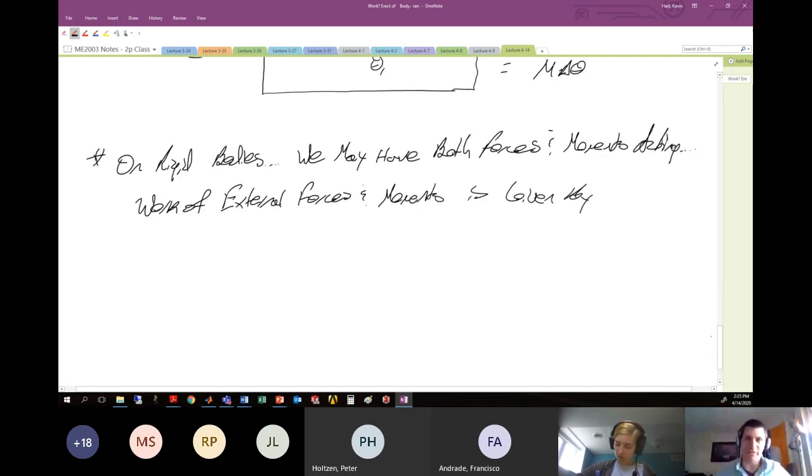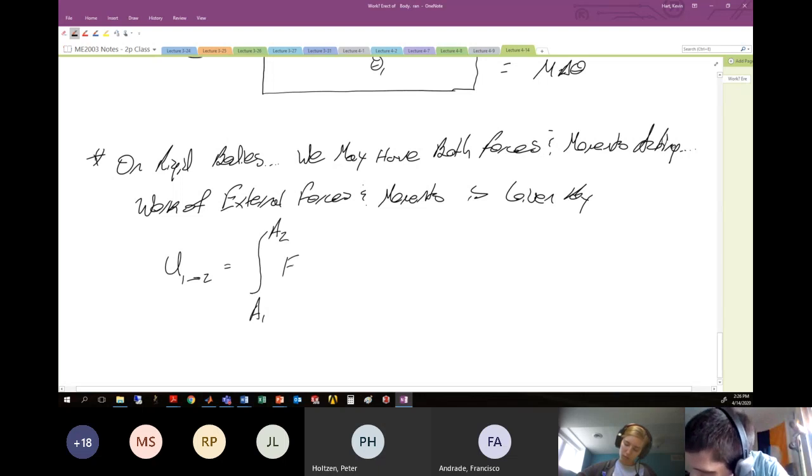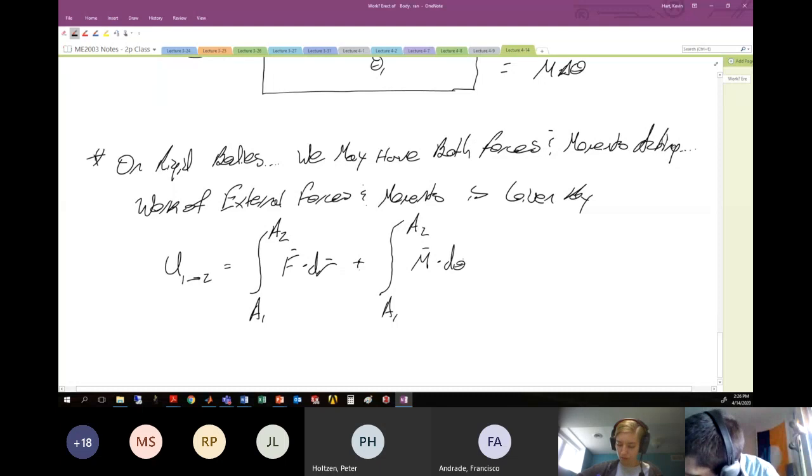We can have external forces moving our rigid body from location 1 to location 2, and we can have external moments that rotate our body from angular position 1 to angular position 2. So the work of external forces and moments from 1 to 2 is, in 3 dimensions, the integral from position A1 to A2 of the forces dotted into the position, plus the integral from position A1 to position A2 of the moments dotted into the angular path. So this is the full-blown 3-dimensional version.